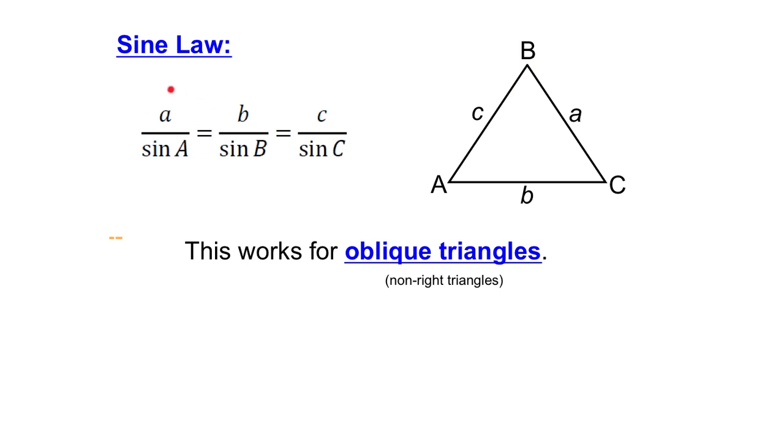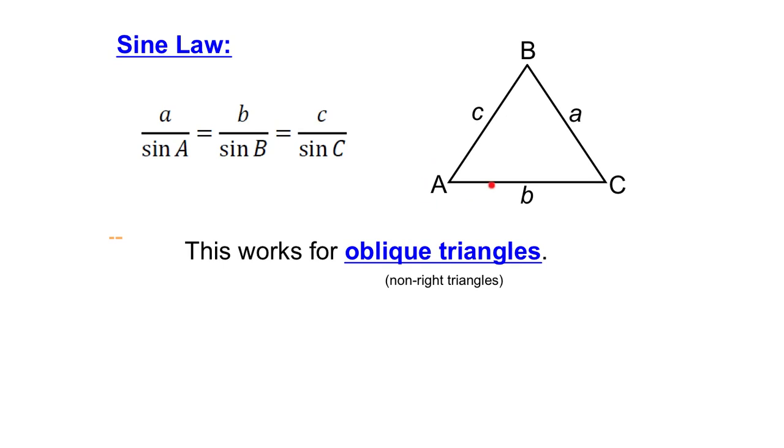So this is the sine law. It looks kind of weird. Just to remind you what these symbols mean, lowercase a versus uppercase A and all that. Uppercase letters are used for the angles. Lowercase letters are used for the side lengths.